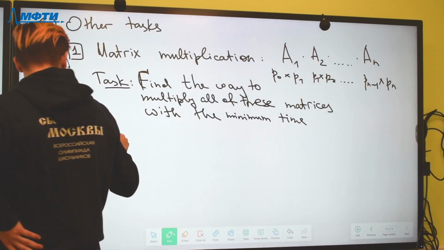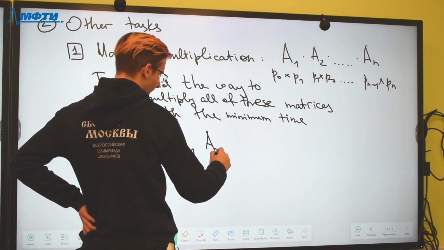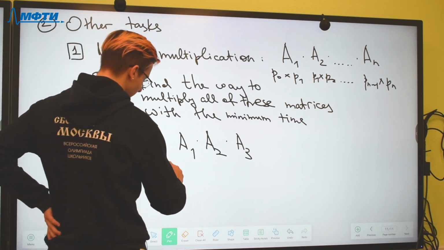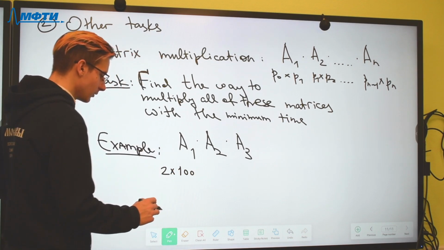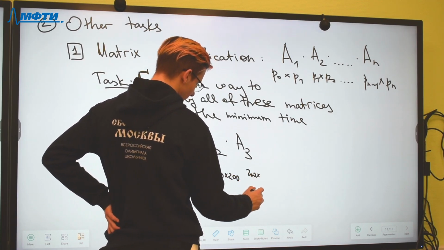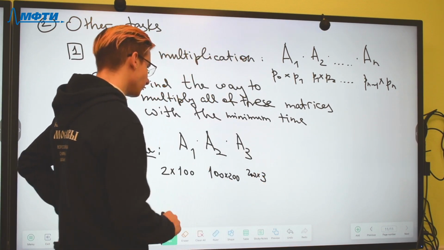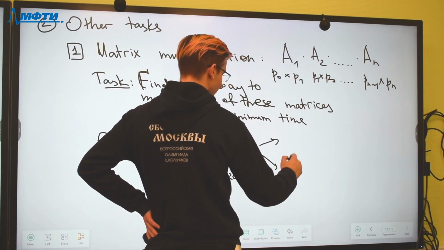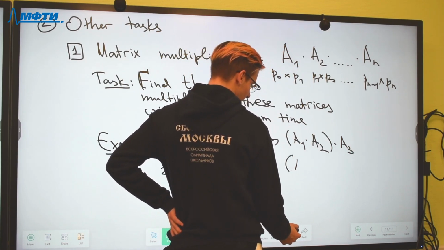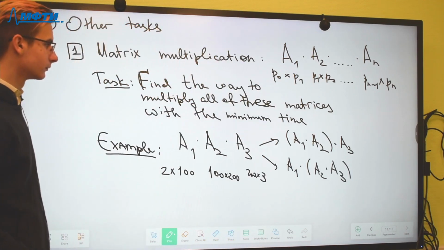So, for example, if we have only 3 matrices, there are 2 ways to multiply them.